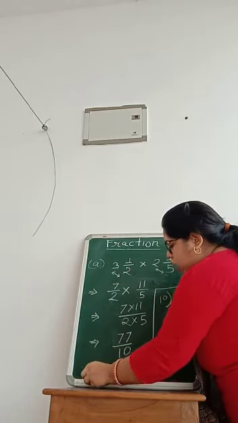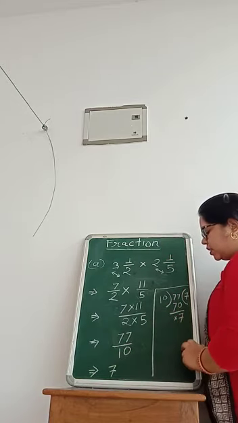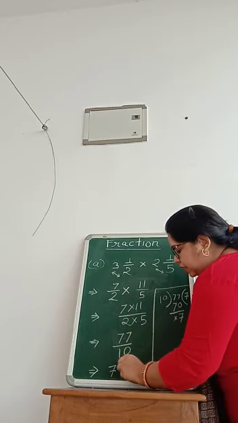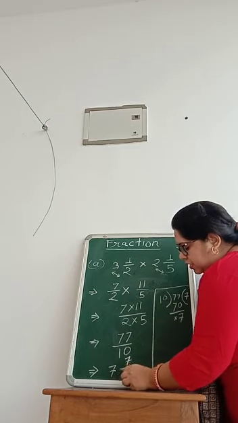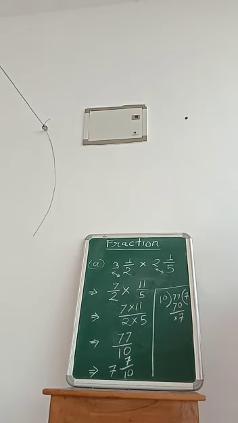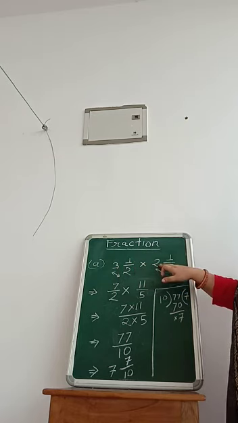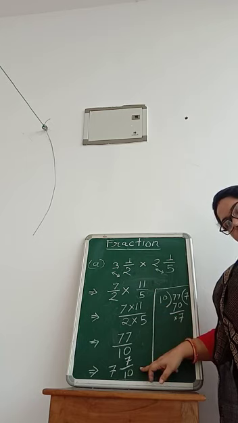How much is our whole number? 7. How much is our numerator? Again 7. How much is our denominator? 10. Understood? So 3 1 by 2 multiplied by 2 1 by 5 is 7 7 upon 10.